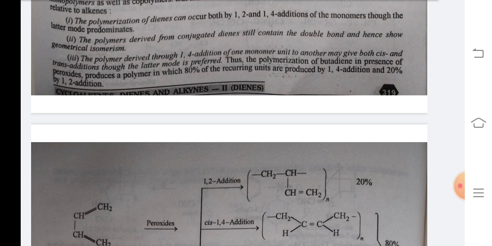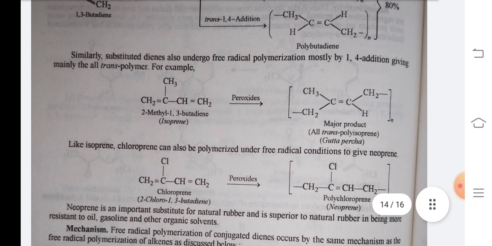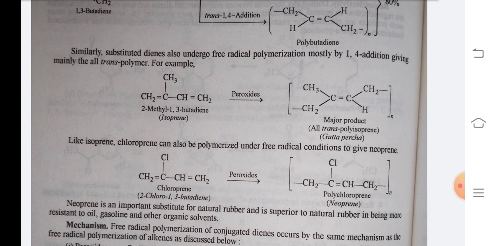Thus, the polymerization of butadiene in the presence of peroxides produces a polymer in which 80% of the recurring units are produced by 1,4 addition and 20% by 1,2 addition. Similarly, substituted dienes also undergo free radical polymerization, mostly by 1,4 addition, giving mainly the all-trans polymers.